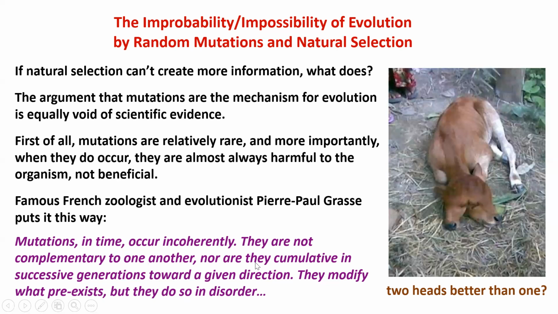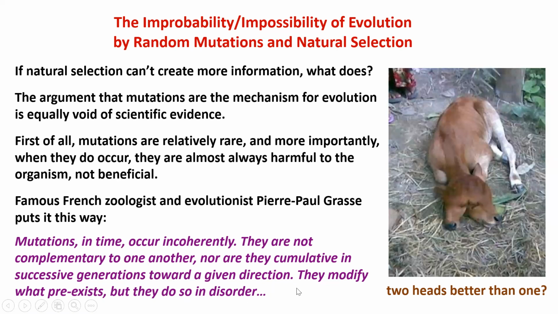They don't add up to, say, consistently producing feathers for birds from the scales of a reptile. One day they can produce one funny thing, another day some other funny thing. They don't all follow the same pattern when they mutate, and they modify what pre-exists.